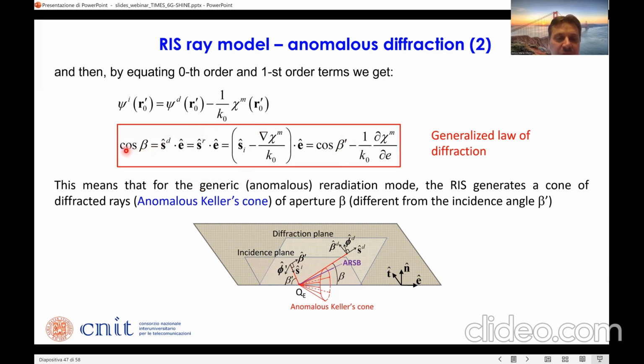So we have this relation, cos beta is equal to cos beta prime minus the derivative of the phase profile imposed by the RIS along the edge divided by the wave number. So in the end, we have an anomalous Keller's cone with aperture which is different in this case from the incidence angle beta prime.